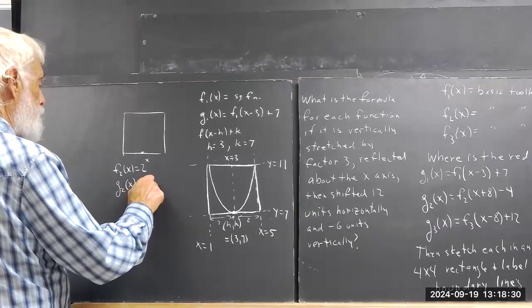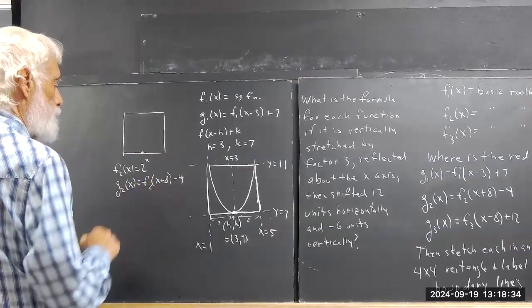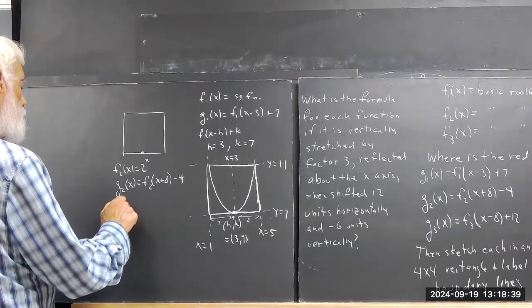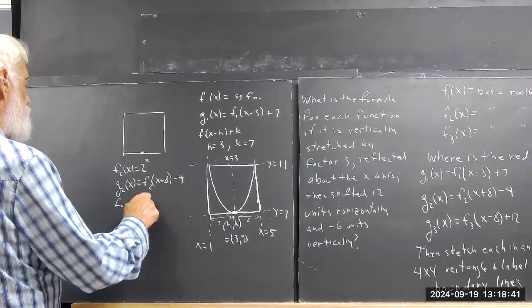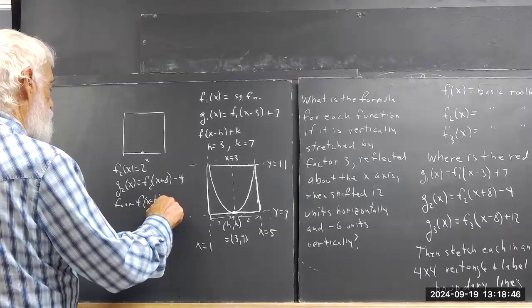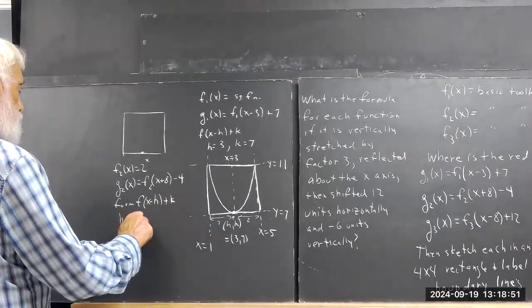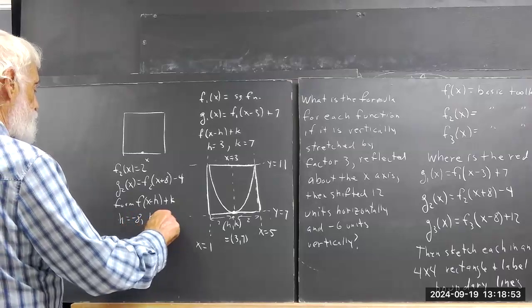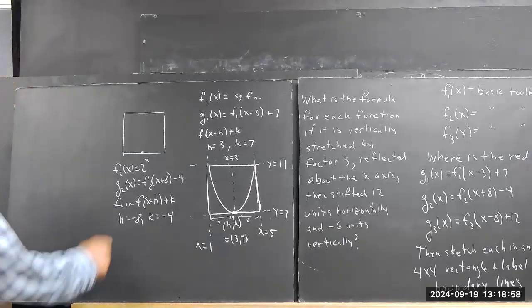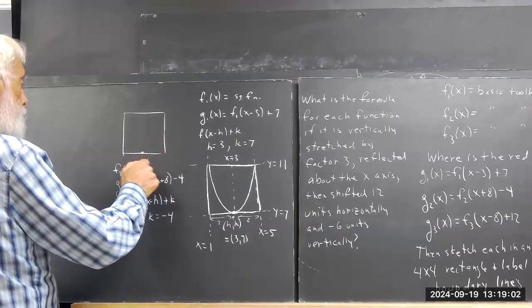V2 of x is F2 of x plus 8 minus 4. This is a form F of x minus h plus k, where h is negative 8, k is negative 4. So now I know what the red dot is. It's the point negative 8, negative 4.